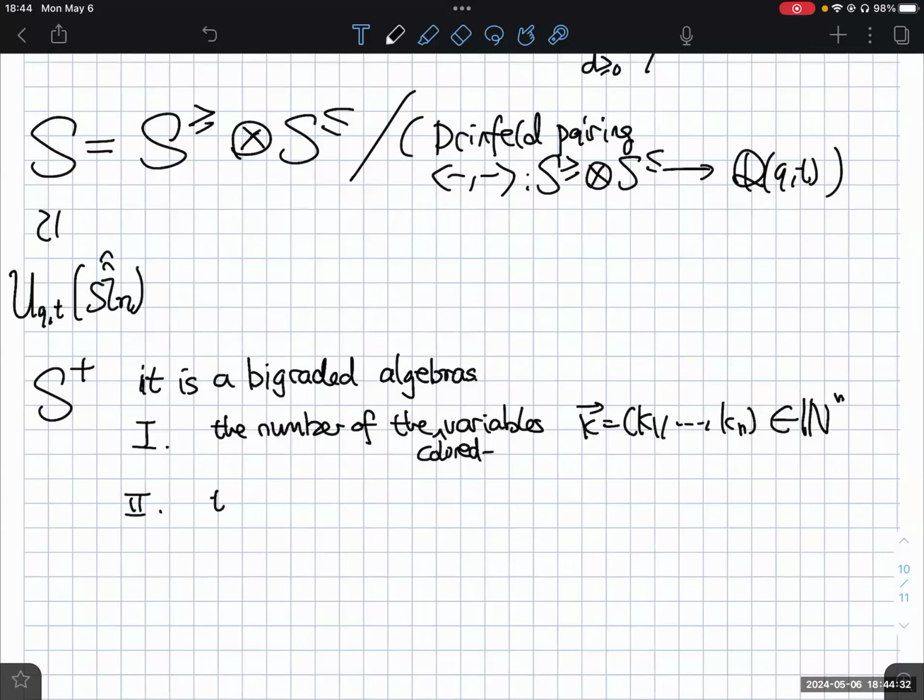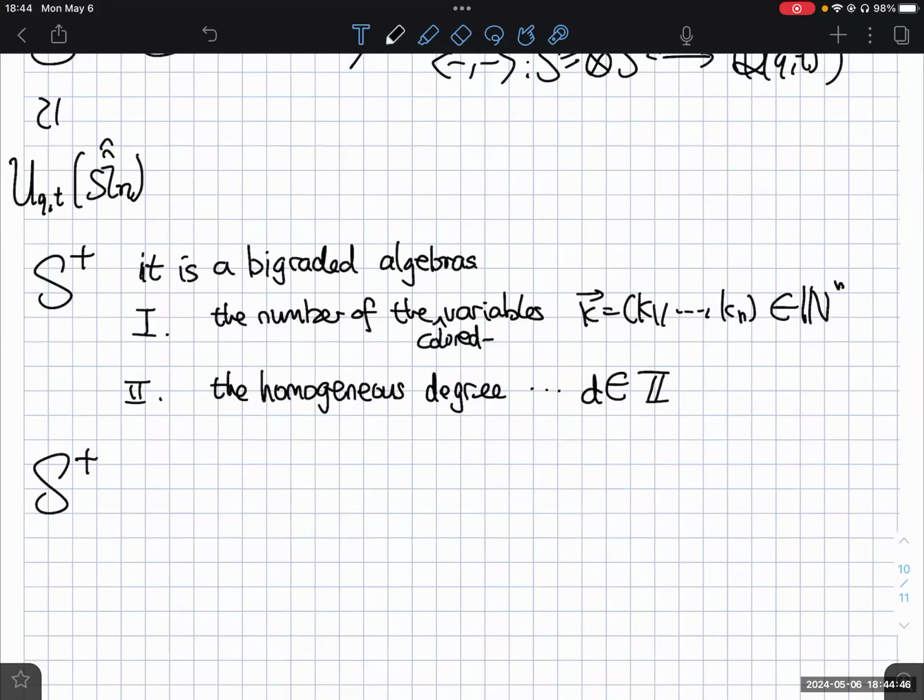And another is given by the homogeneous degree of the rational functions, so it's given by d, which is actually an integer. We can write S plus in the following decomposition. Each of these subspaces is the space with this number of the color variables and the homogeneous degree d.